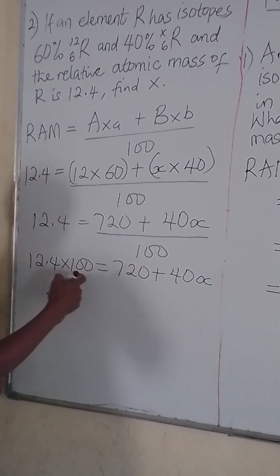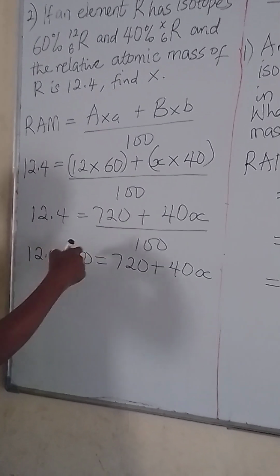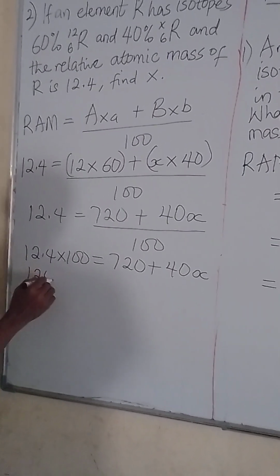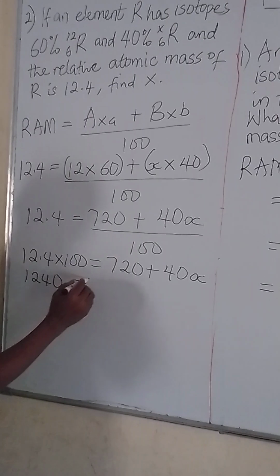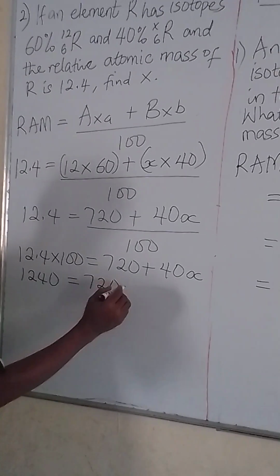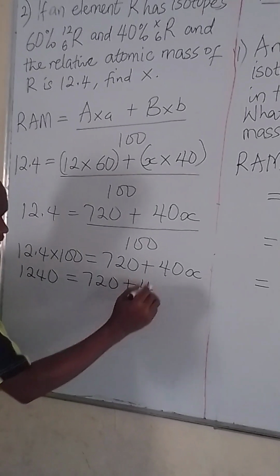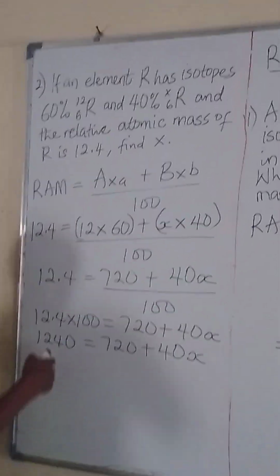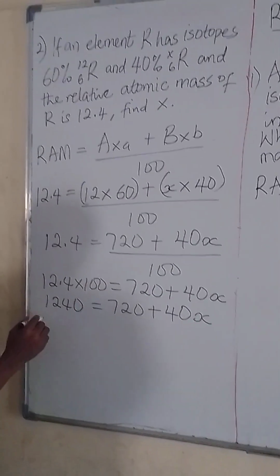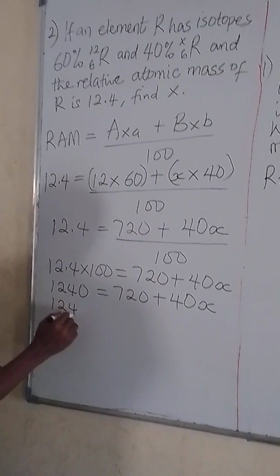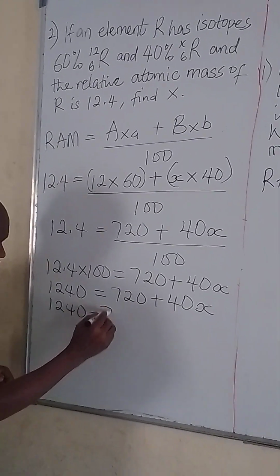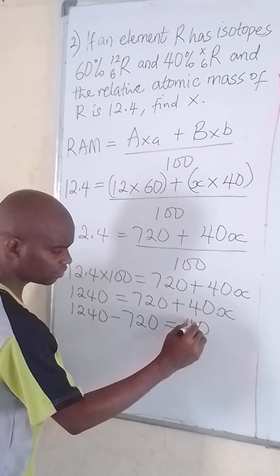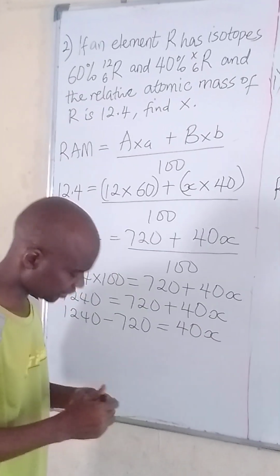12.4 times 100, we have two zeros, so we move two decimal places to the right, and that will give us 1240 equals to 720 plus 40x. We are looking for x, so we take this over, and that will give us 1240 minus 720 equals to 40x.